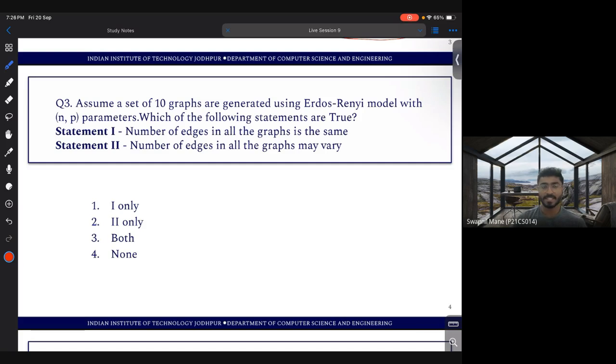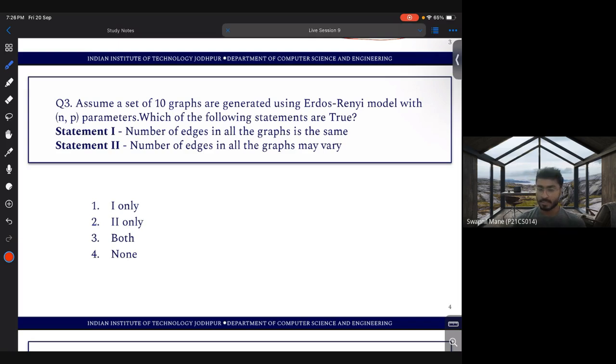What do you think? Is this statement correct or not? Definitely it's not, because each time, even if the probability is the same, suppose the p value is 0.2 in graph one and graph two, there is no possibility that the number of edges in all the graphs is the same.